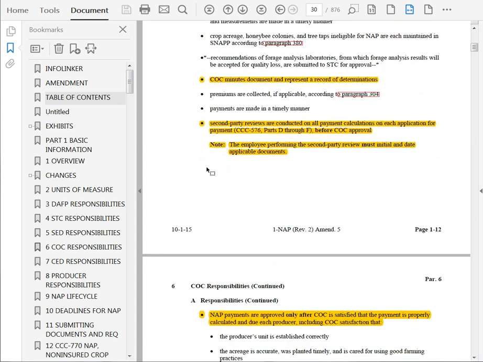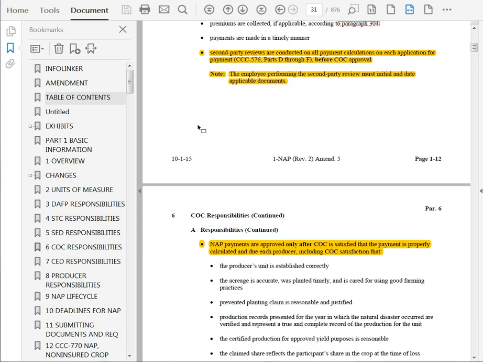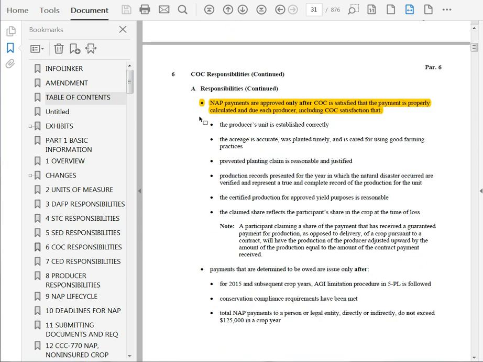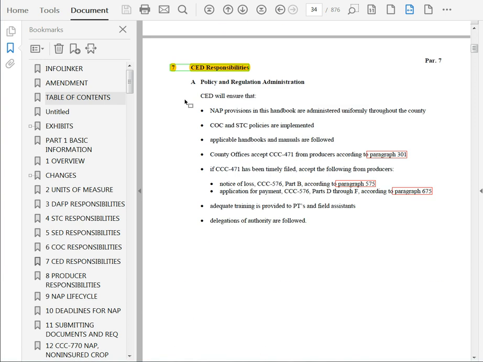The COC is also responsible for ensuring that second-party reviews are conducted on all applications for payment before the payments are actually issued. The COC must ensure that they are satisfied that the payment has been calculated properly before they actually issue the payment.